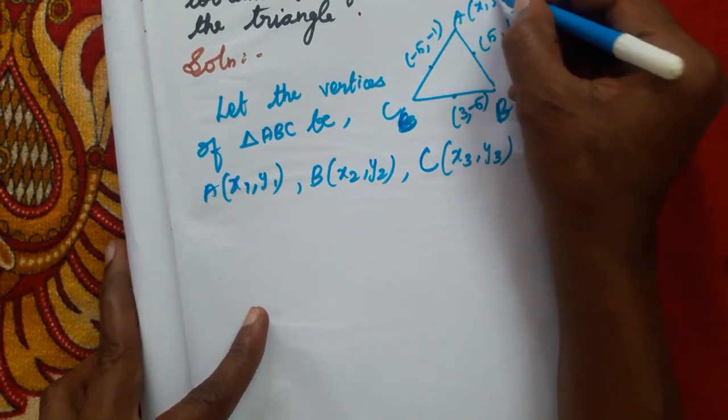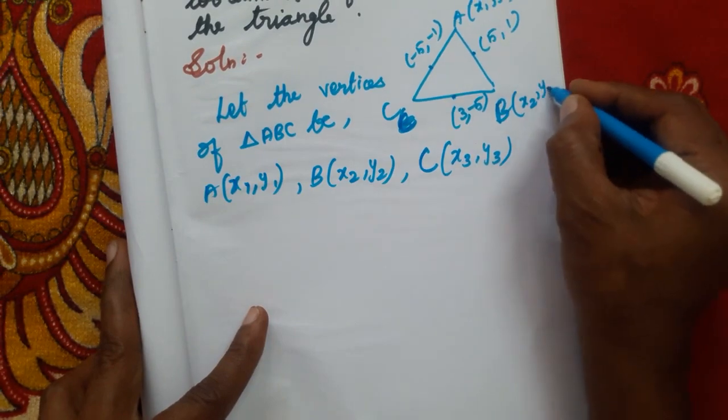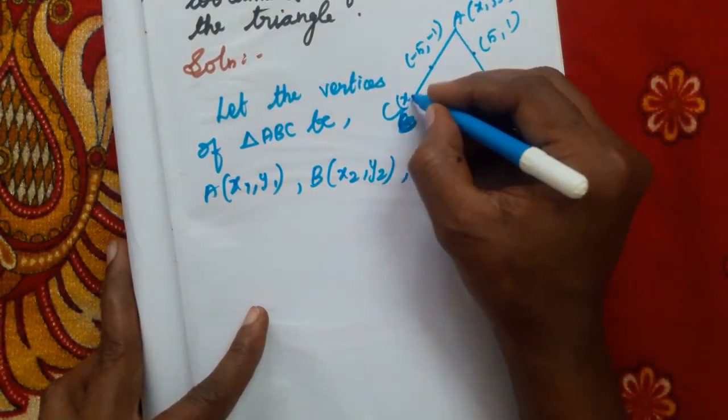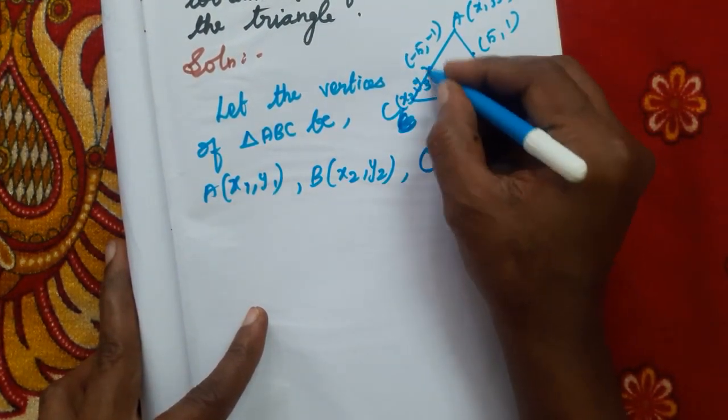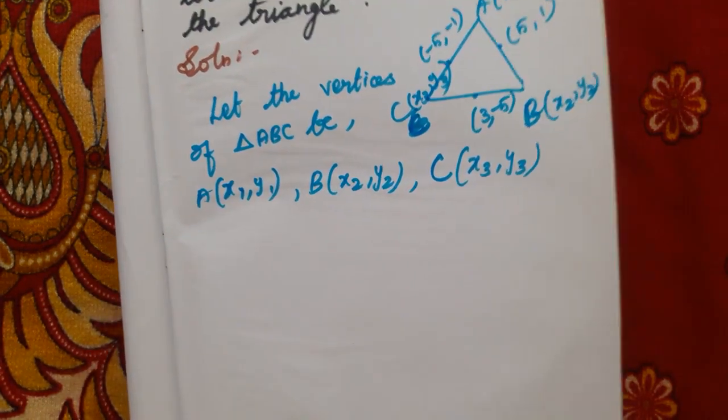Here A is (x1, y1), B is (x2, y2), and C is (x3, y3). Clear? These are the three points we are taking.